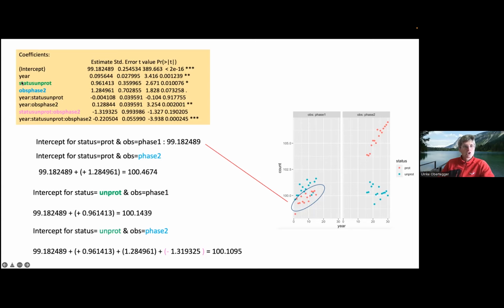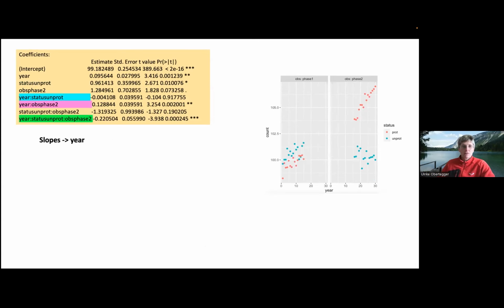You take status unprotected, you take the difference with respect to observation phase 2, plus also the interaction term. And finally, you have the fourth intercept. And now we have to do the same exercise for the slopes.